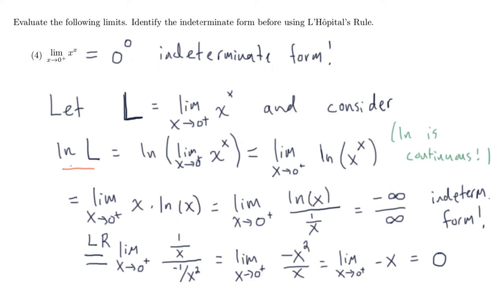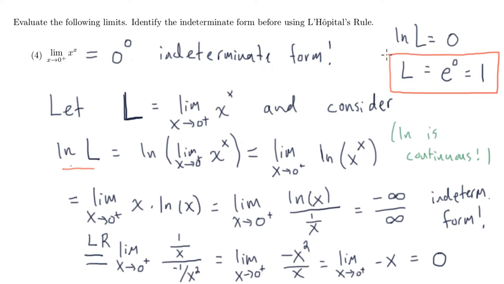So if natural log of L is 0, that means L is e to the 0, which is 1. So the limit that we're looking for is equal to 1.